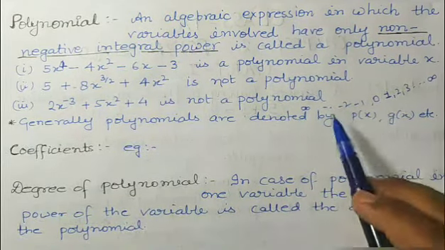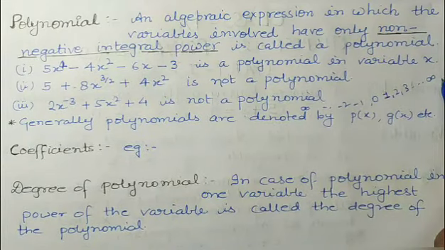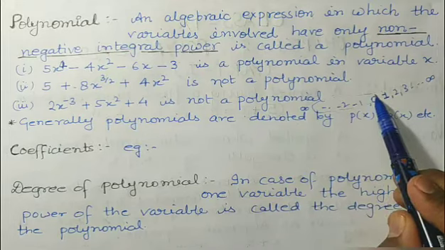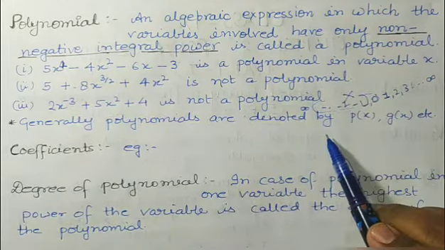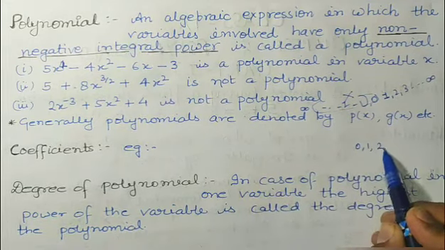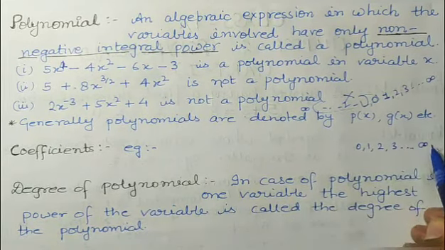So these are the integers, and it should be non-negative. Non-negative means you cannot take its negative part. So the only thing left is 0, 1, 2, 3 and so on till infinity.